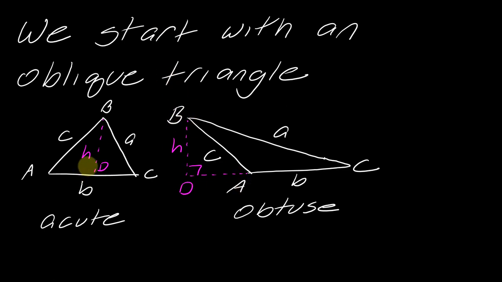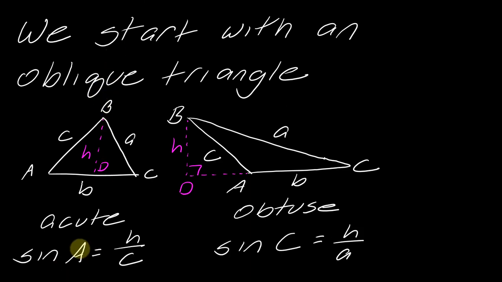I end up getting right triangles. I get a right triangle here, I get a right triangle here, and in this case I have a right triangle from here to here. So by adding on these little sketches, we can now leverage what we know about right triangles, because I've effectively made a right triangle out of both of these situations, right?